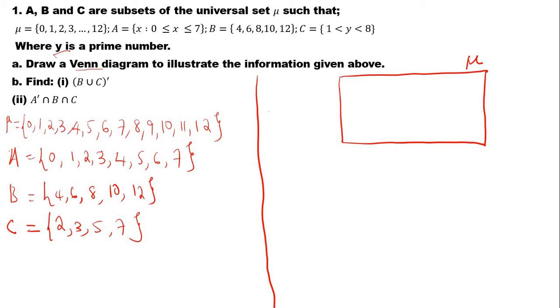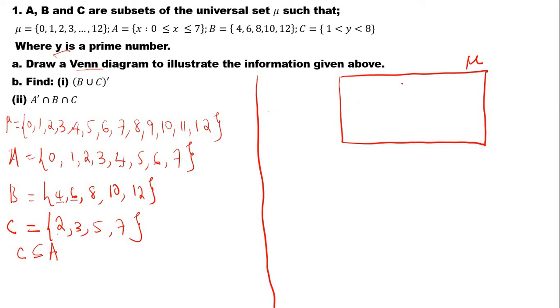So for A and B, I'm seeing 4 and 6 as their common elements. For B and C, I'm not seeing any, but I'm seeing that all the elements in C are in A. So I can tell that C is a subset of A.